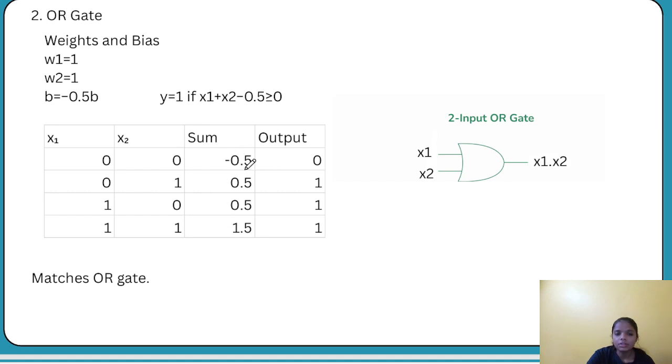Then we substitute this sum into our sigmoid function and we get our output as 0, 1, 1, 1. When we perform the normal operation on the table, we get the same desired output and both of them get matched. So this output matches our OR gate.